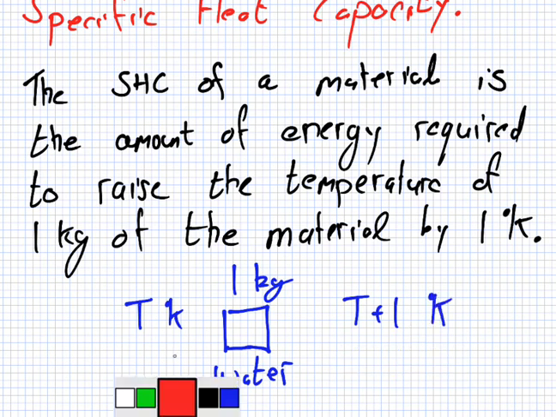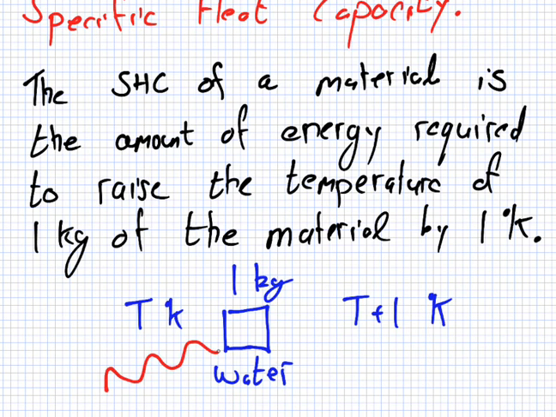Does anybody know how much energy you need to put inside of it to cause it to do this? No, the number. Yes? Yeah, in fact you need about 4,200 joules for water to raise 1 kilogram by 1 degree. That is the specific heat capacity.